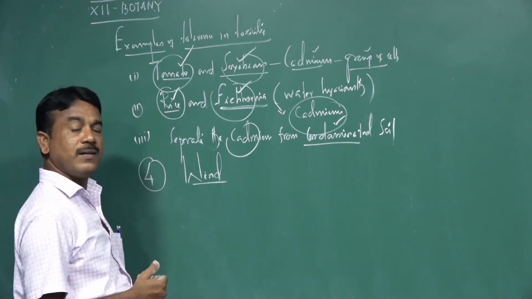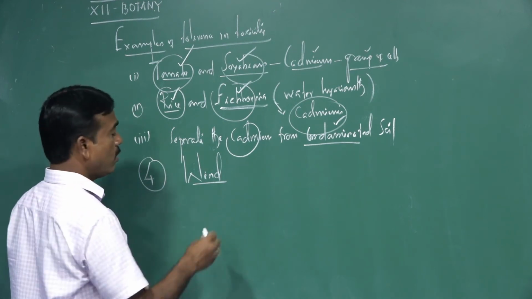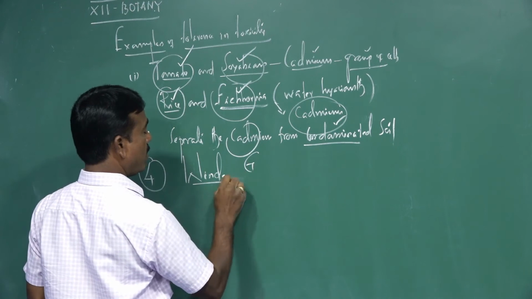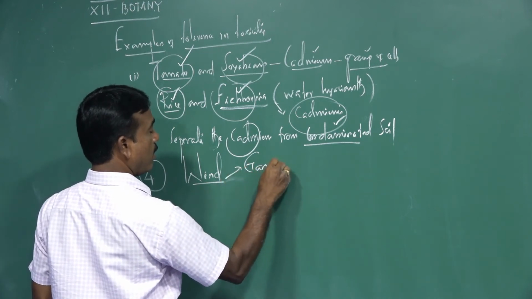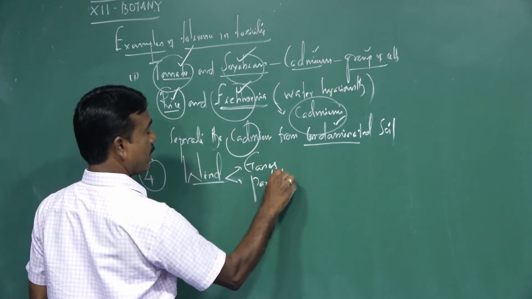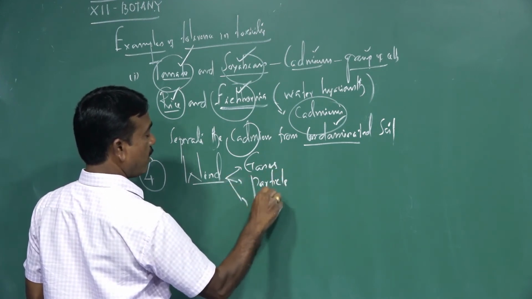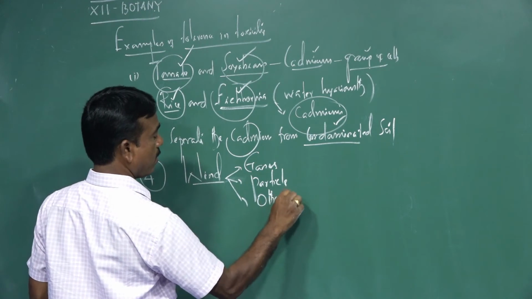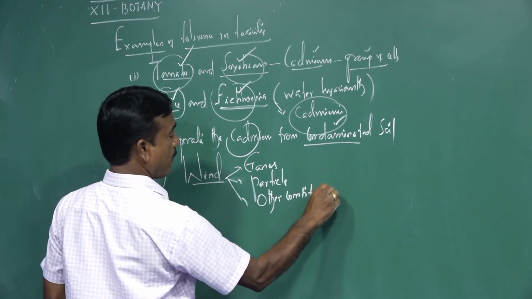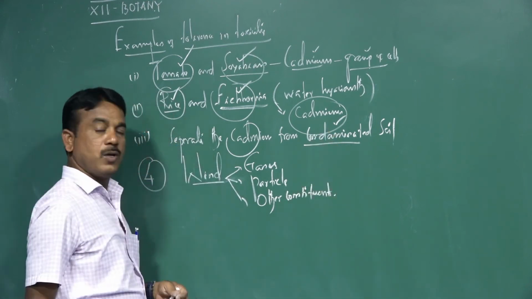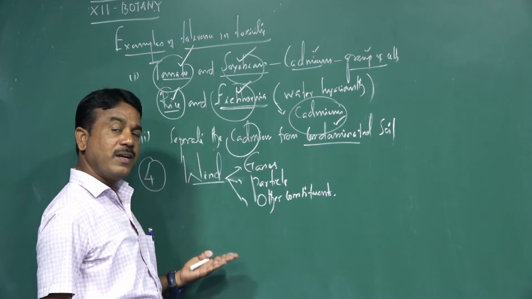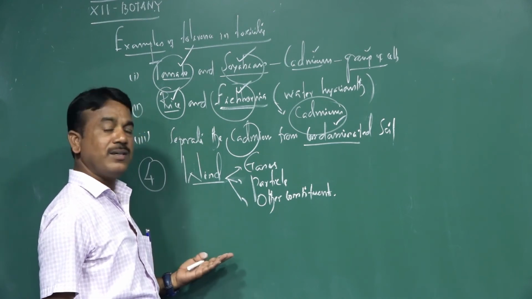The wind includes many kinds of gaseous components, many kinds of particles, and many other constituents. So wind is a motion. It is also one of the important ecological factors, also called a climatic factor.